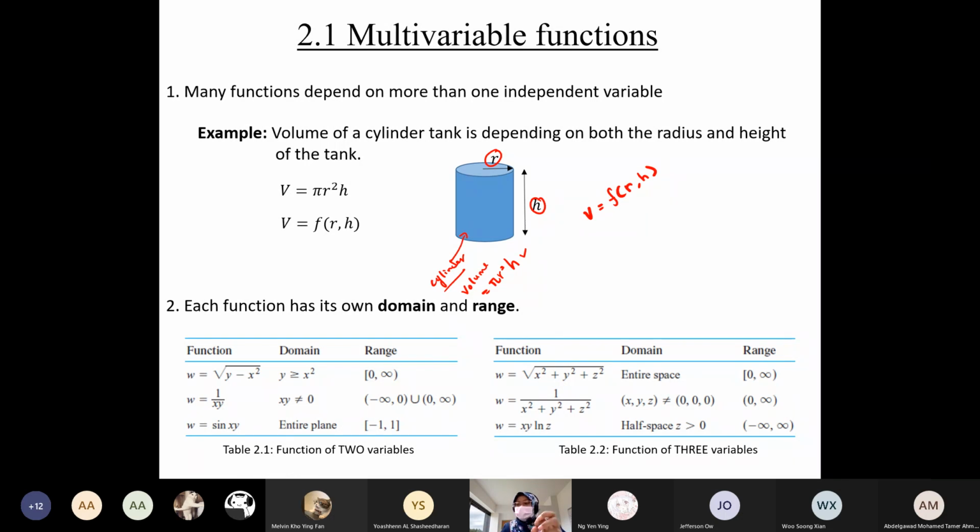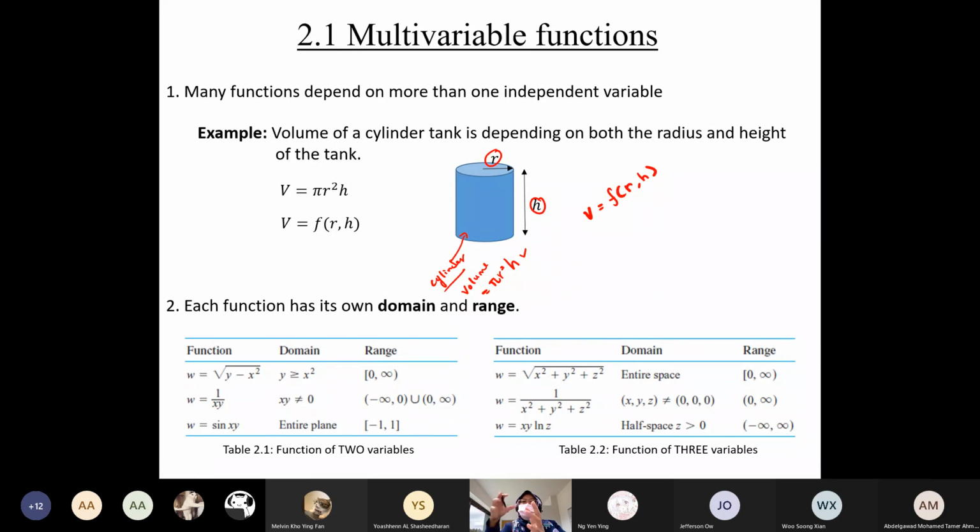The domain is the variable along the x-axis, meaning the values that you can substitute into the function, while the range is all the possible output values.